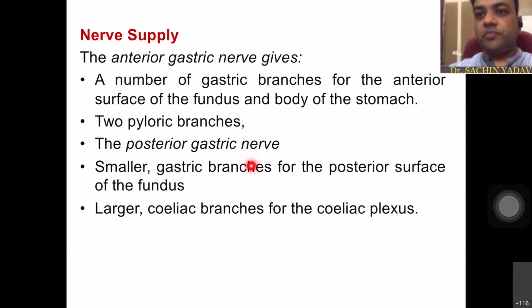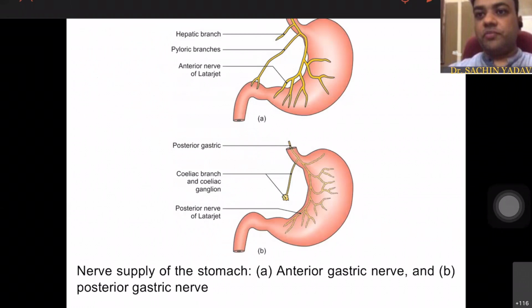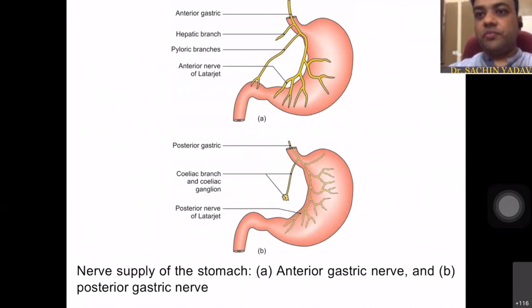The posterior gastric nerve gives a smaller gastric branch to the posterior surface of the fundus, and a large celiac branch to the celiac plexus. Okay, so all these are continuing from the anterior and posterior vagal trunks along the esophagus.